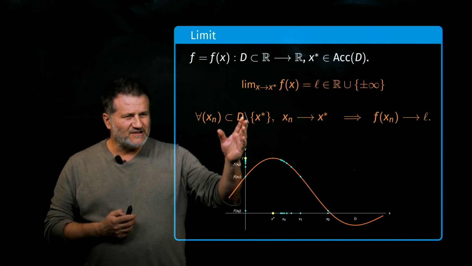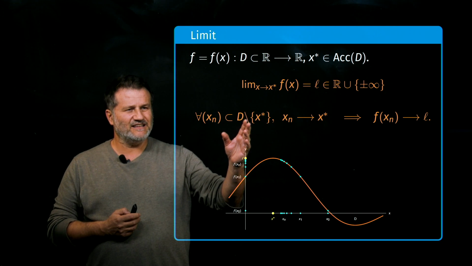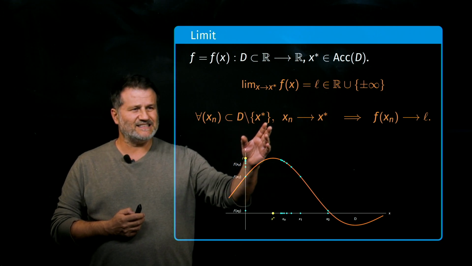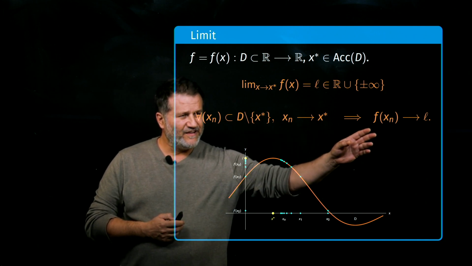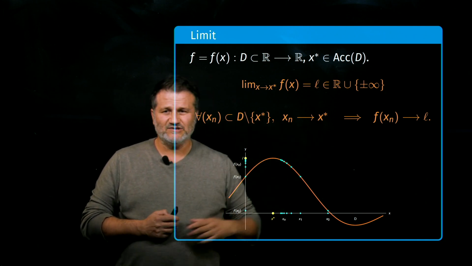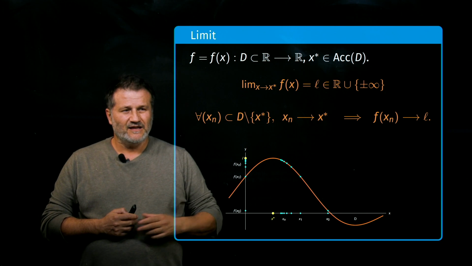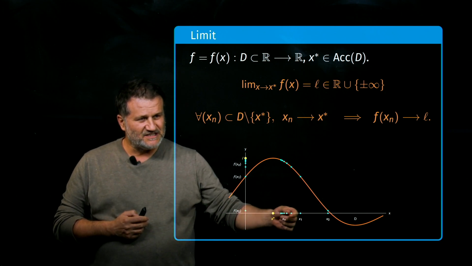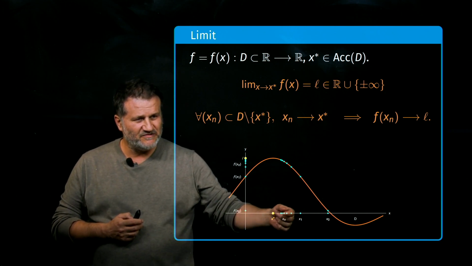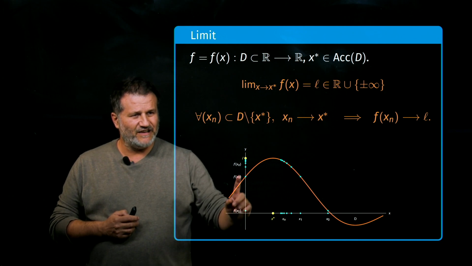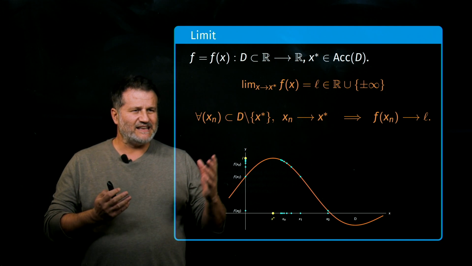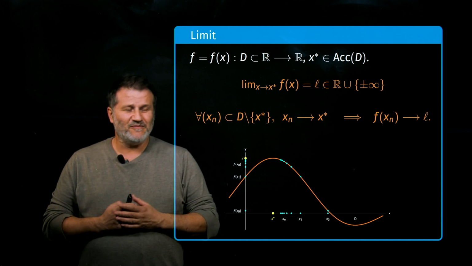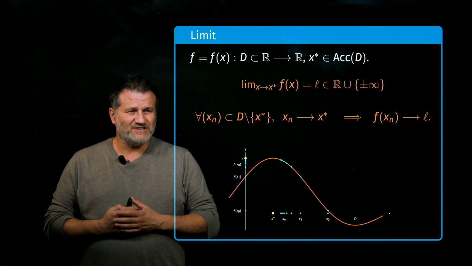If for every sequence taken in the domain D different from the limit point x star, such that xn goes to x star, then f on that sequence goes always to L. Here you can see these dynamics on a figure. You see the points x moving in the domain and the values of the function going to the limit. We may summarize this definition with the famous saying that all roads lead to Rome.